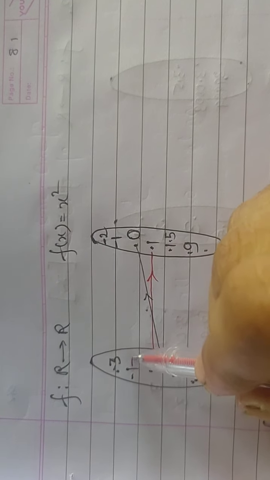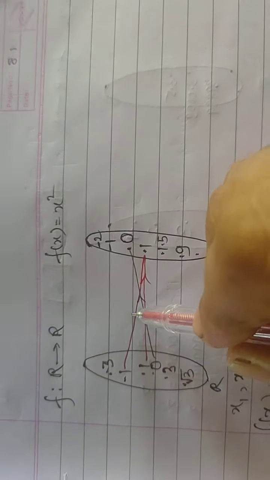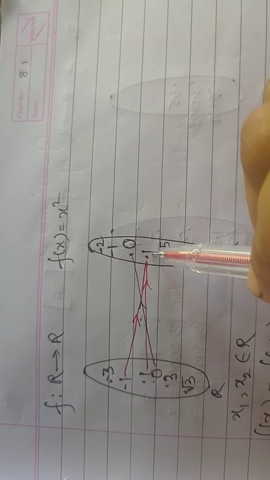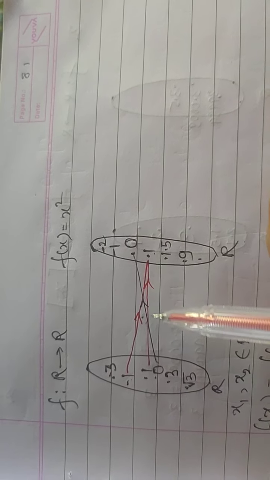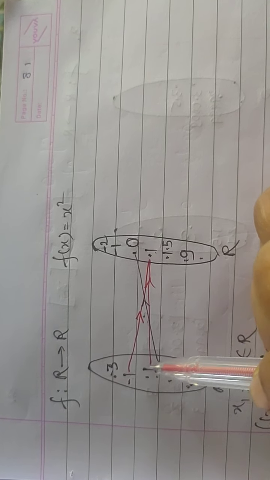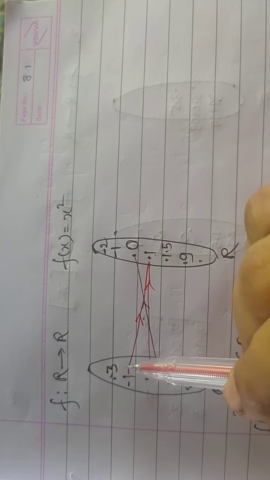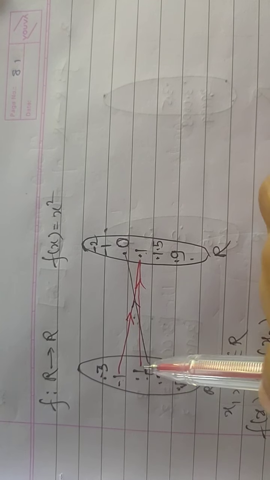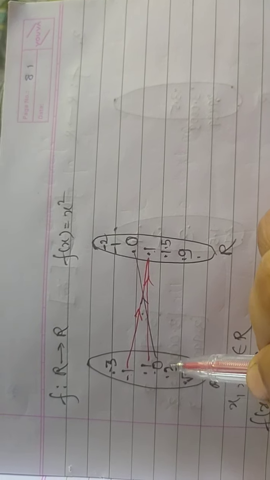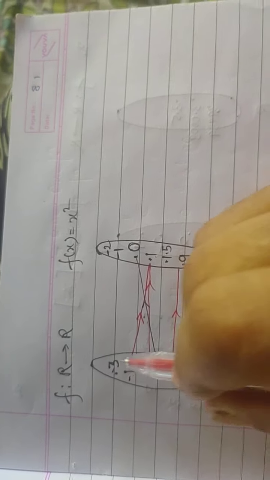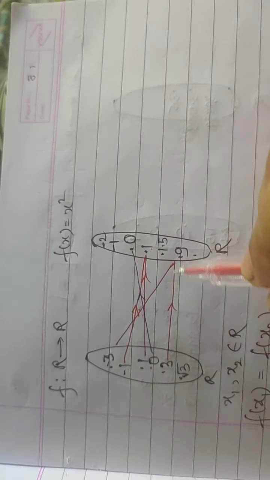And minus 1 square is also 1, so we can relate minus 1 to 1. So this element has more than one pre-image in the domain set R. Then we can relate 3 to 9 and minus 3 also to 9.